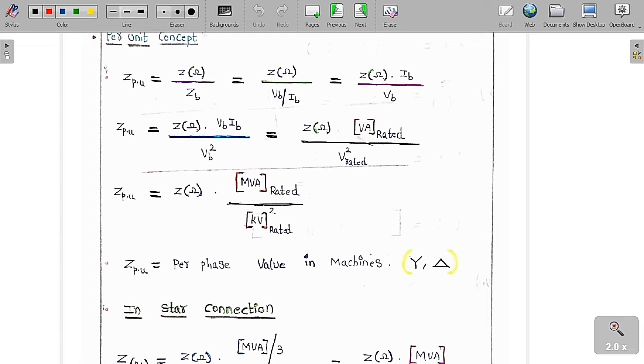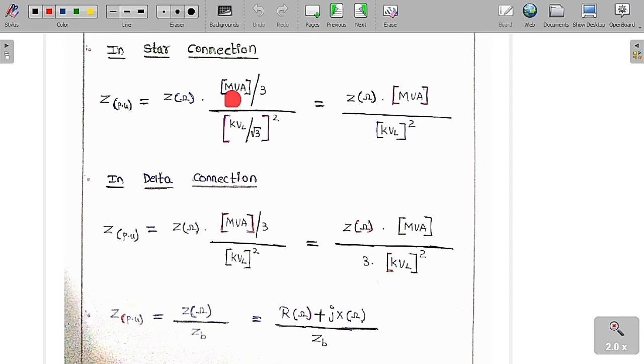So this formula belongs to the per phase value. We have to always use the per phase values.